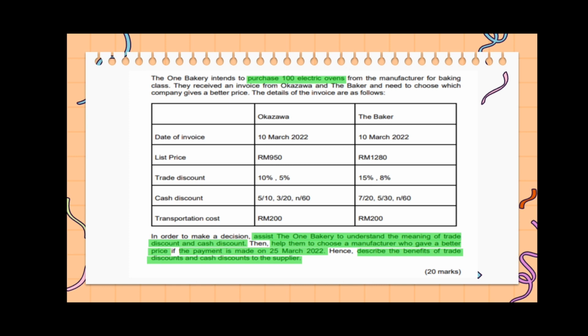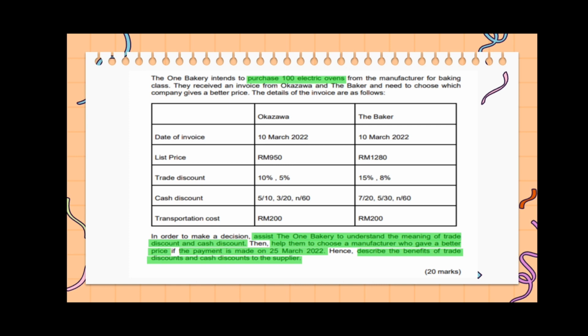The date of invoice from Okazawa is 10 March 2022, and the date of invoice from the Baker is 10 March 2022. The list price from Okazawa is RM950, and the Baker is RM1280.